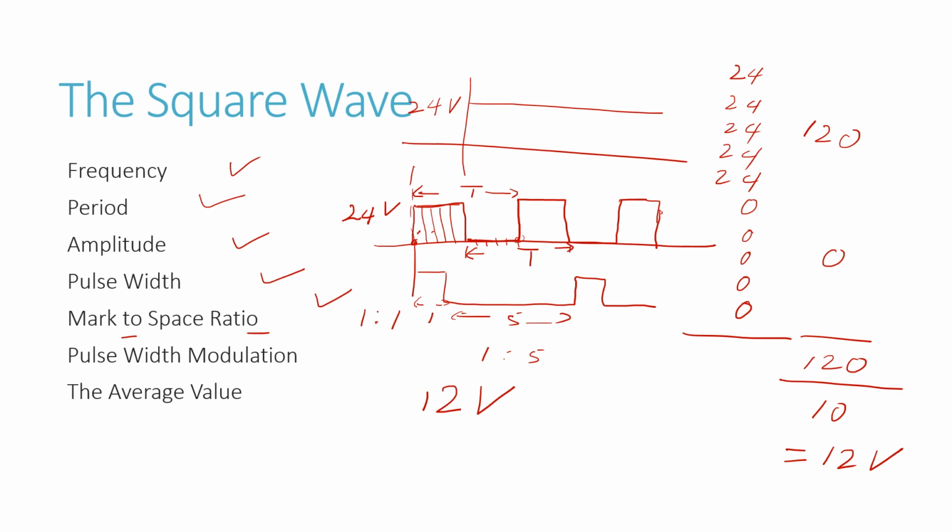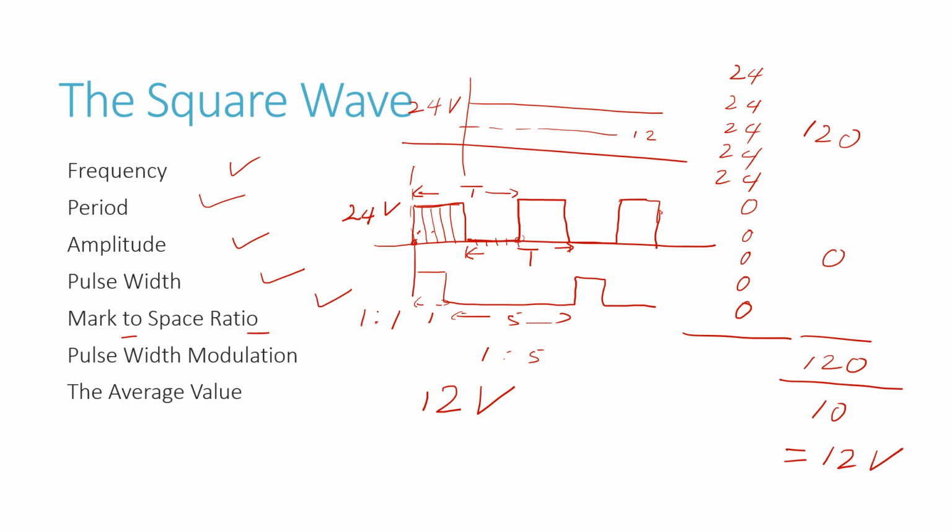But if you switch on the power supply for as long on as off, and we pulse it, we're going to get, in this case, an average of 12 volts. So the average is going to come down to 12 volts. So the motor is going to run at a slower speed. Okay? If you want to make the speed variable, we just have to vary the mark to space ratio.